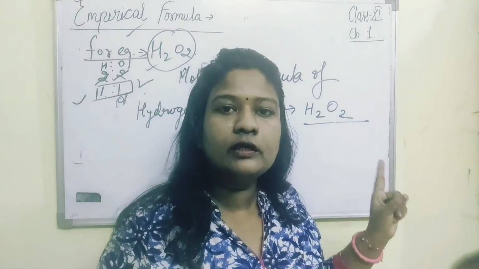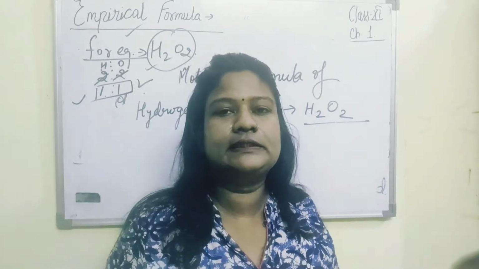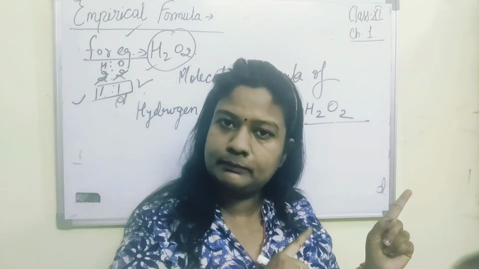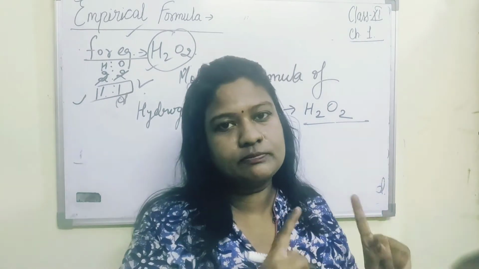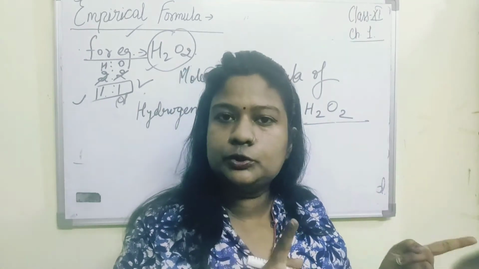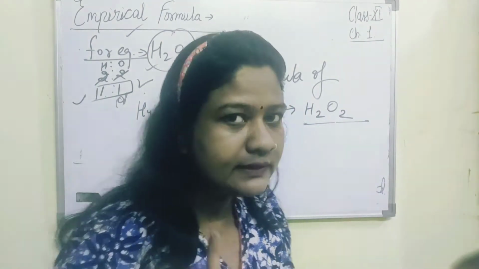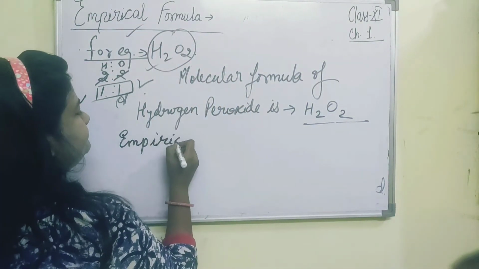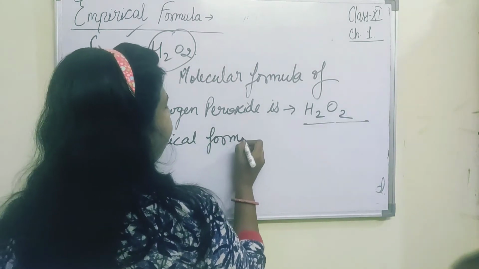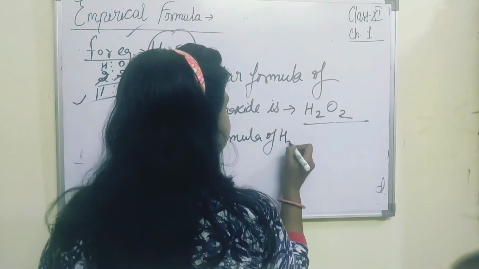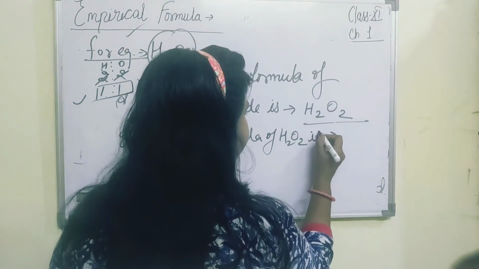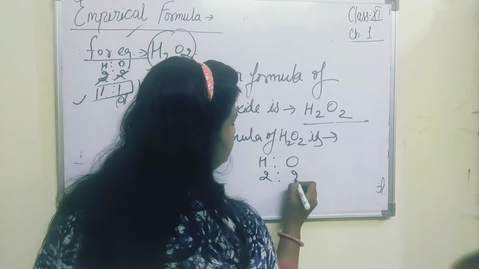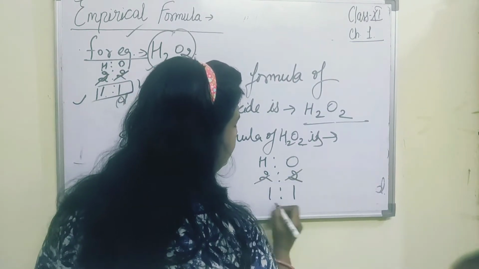So, molecular formula represents the actual number of atoms present in any compound. Actual number of hydrogen which are present in this compound, actual number of oxygen which is present in this compound. Correct? So, 2:2 ratio. Okay, but when we see the empirical formula of H2O2, it is 2 hydrogen is to oxygen, 2:2, 1:1.